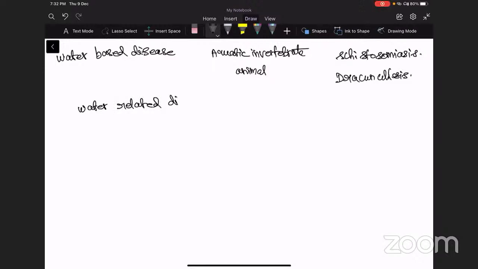Water-related disease or water-breeding disease is caused by the insects. They are dependent on the water.